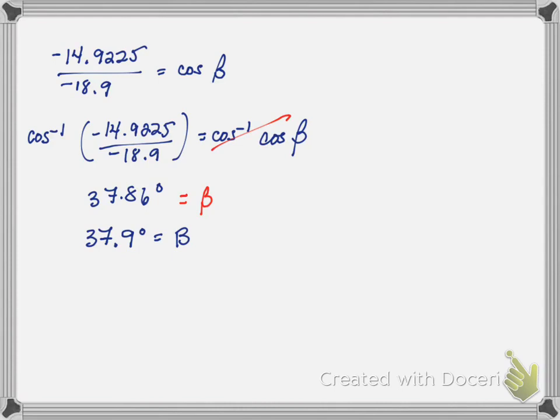You can either use law of cosines again to find angle C, or you can use the fact that the interior angles of a triangle sum to 180 degrees.